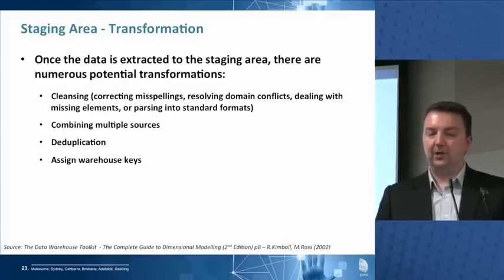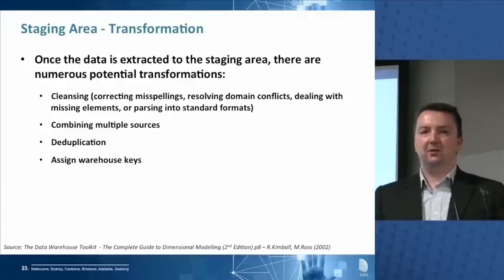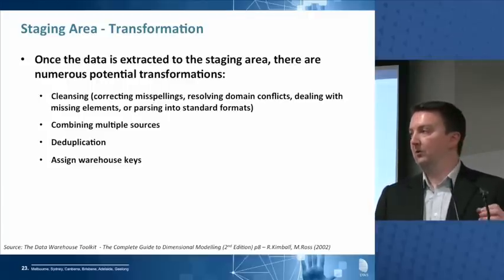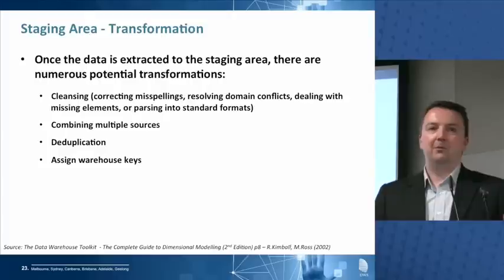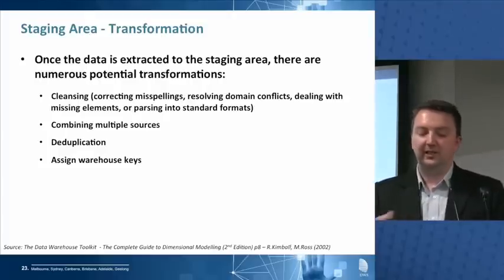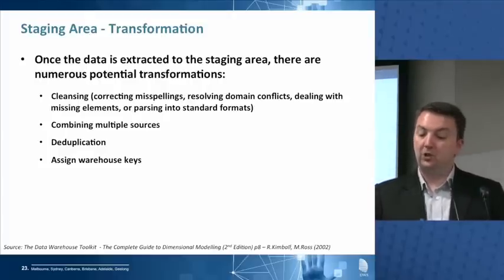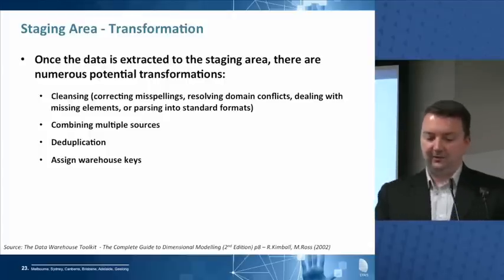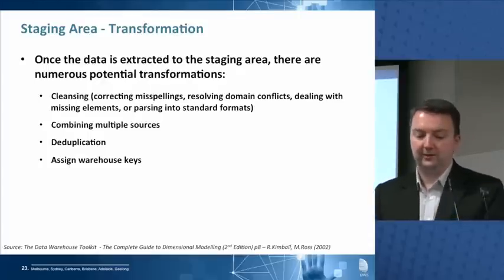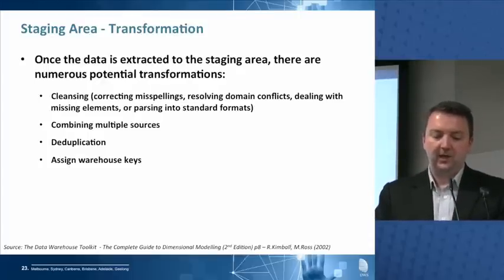So we can do a lot with address parsing and cleansing. If the avenue is spelt wrong, or there's a comma missing from the address, we can clean all those things up. And if we choose to do that, then in the transformation component of our data warehouse, that's a good time to do it.